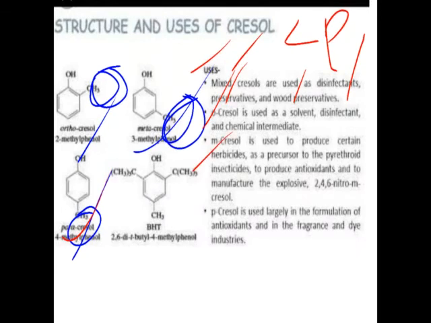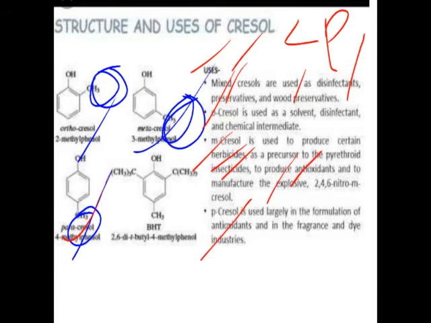Then metacresol is used to produce herbicides. It is also used as a precursor for insecticides. It also produces antioxidant, and it manufactures the explosive 2,4,6-trinitrometacresol. Okay, so this is the use of metacresol.